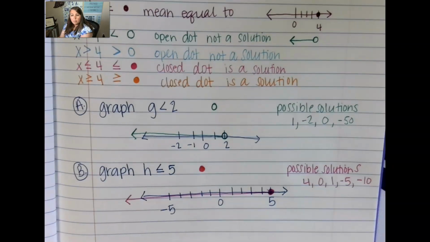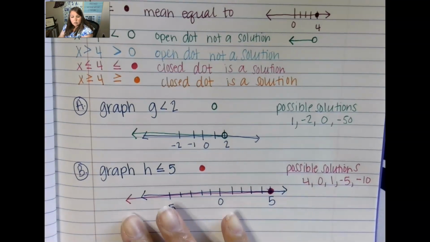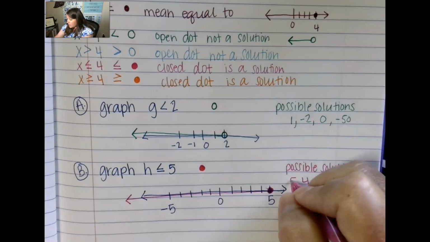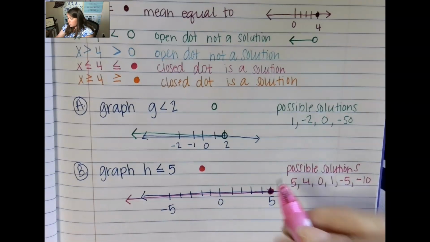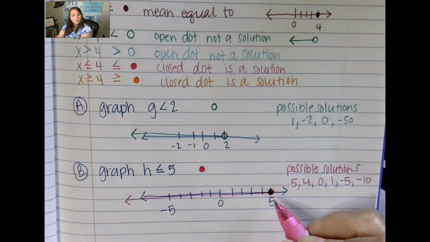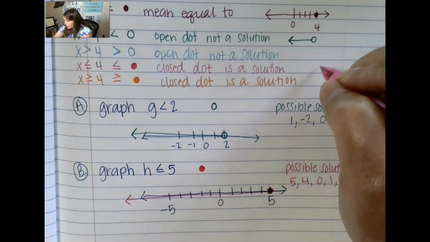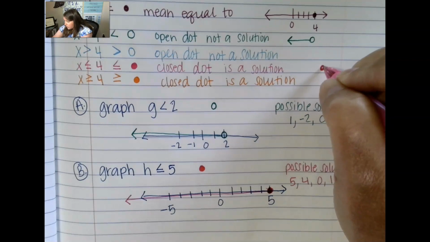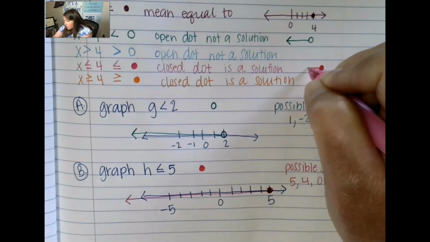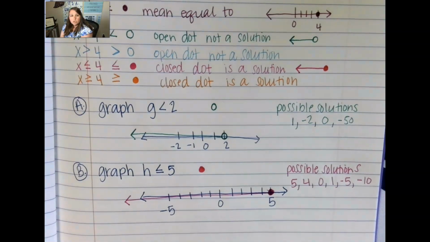Those are all possible solutions because they all are under 5. 5 is also a possible solution because it's equal to 5, meaning it can include the 5. So up here, we're going to use a closed dot again. And we're going to include all the numbers that are less than. So our arrow will point to the left again.